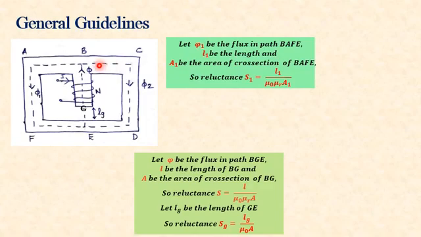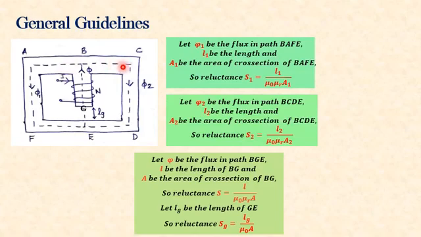Hence, the reluctance S1 of this path is given as S1 is equal to L1 by mu 0 mu r into A1. Similarly, if phi 2 is the flux in path BCDE and L2 its length and A2 is the area of cross section, the reluctance of the path S2 is given as S2 equal to L2 by mu 0 mu r into A2.